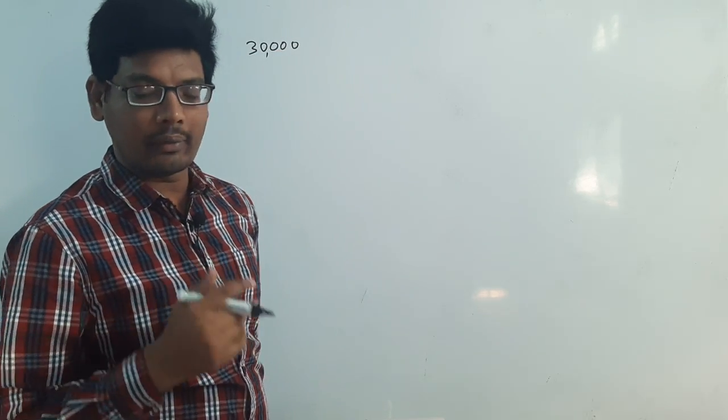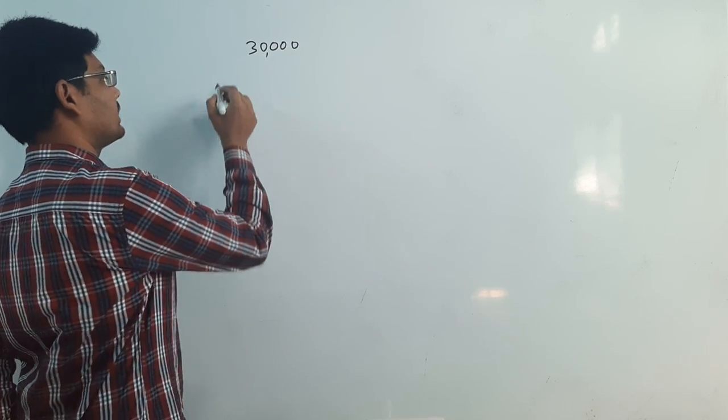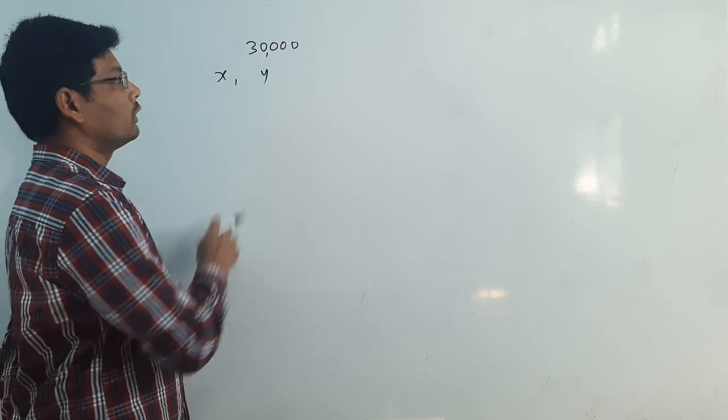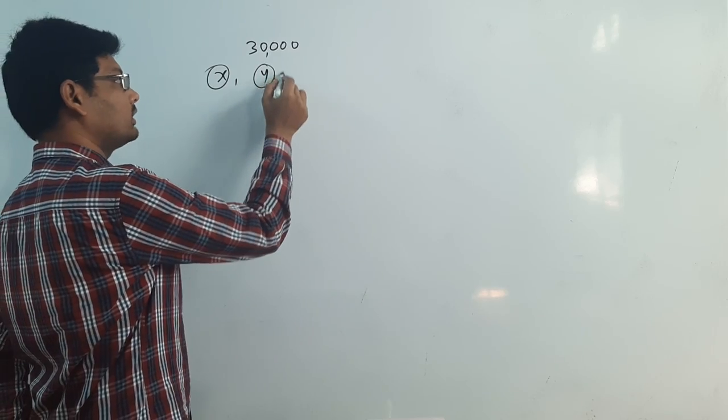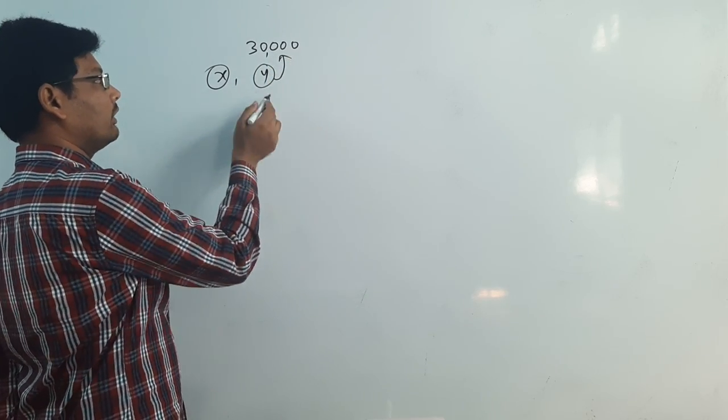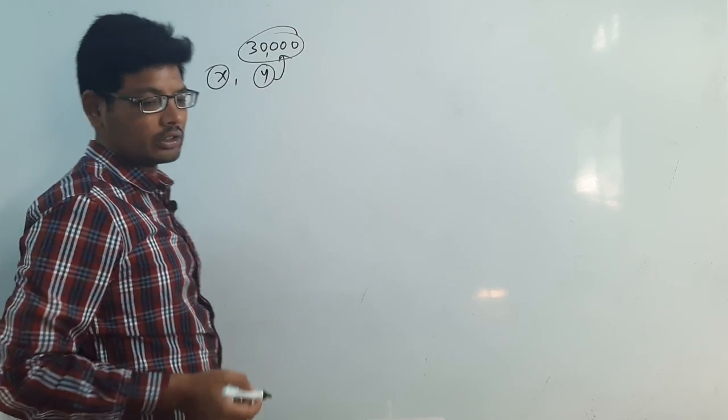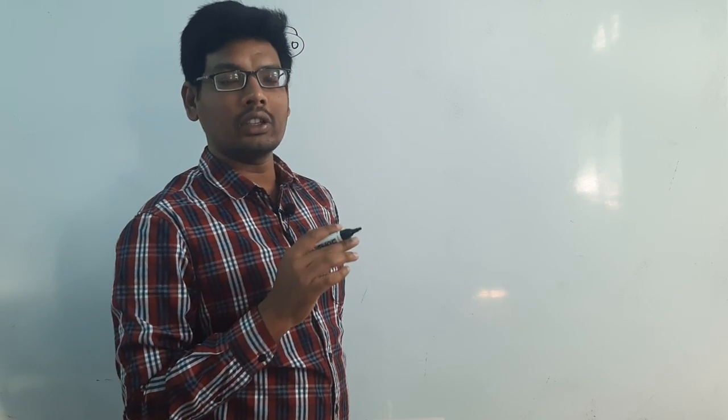I am taking X and Y, X type of bond and Y type of bond. The sum of these two investments is 30,000.